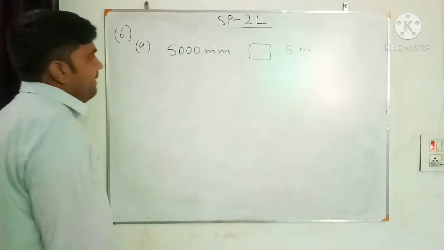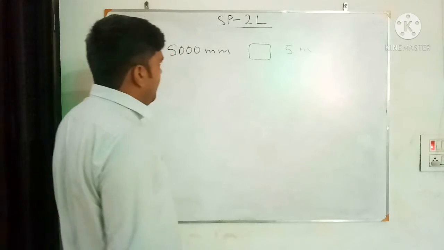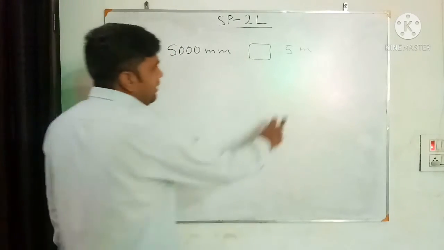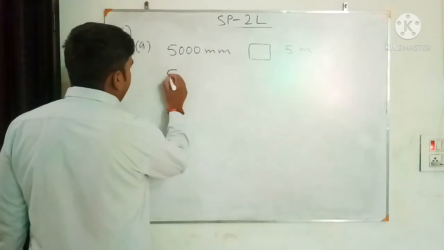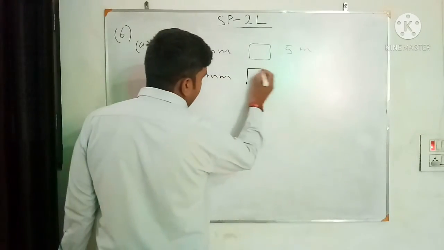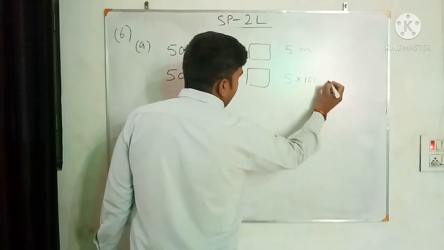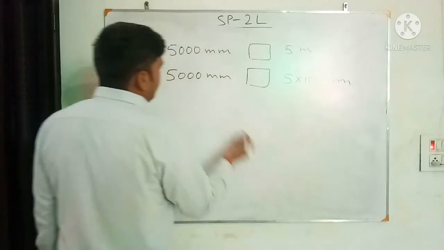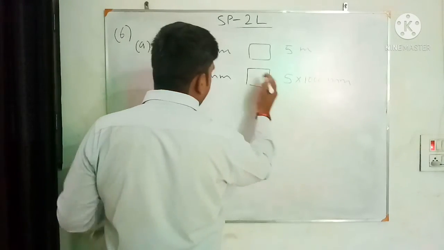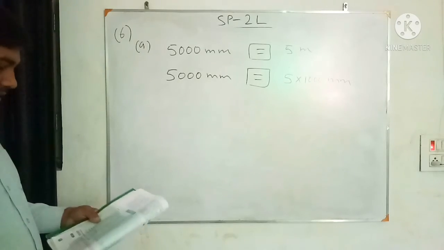So both we have to make the same unit. How many millimeters does a meter contain? 1000. So 1 meter equals 1000 millimeter. So we write 5000 millimeter here, and here also millimeter, so both are the same. So we write equals to. 5000 millimeter equals 5 meter only.